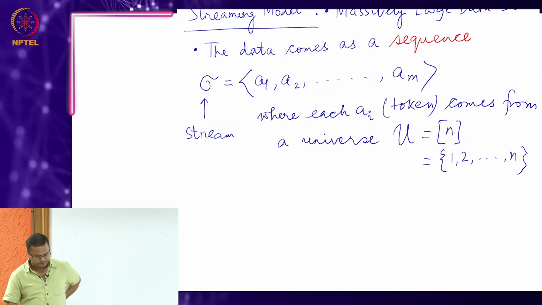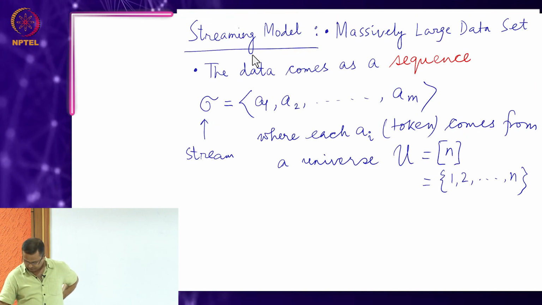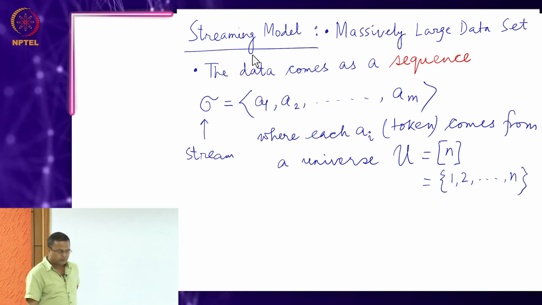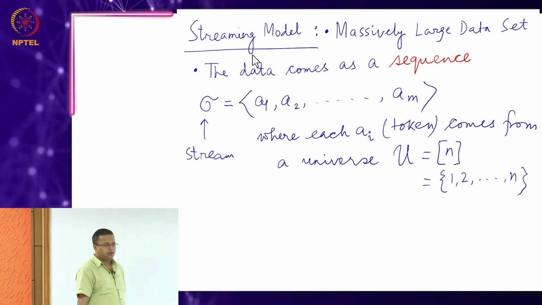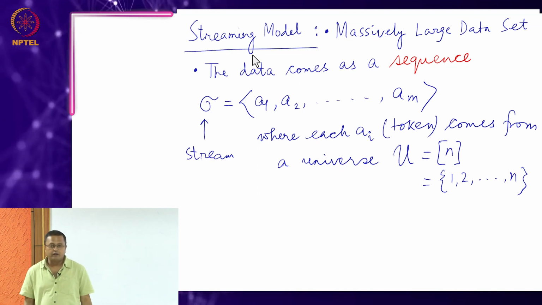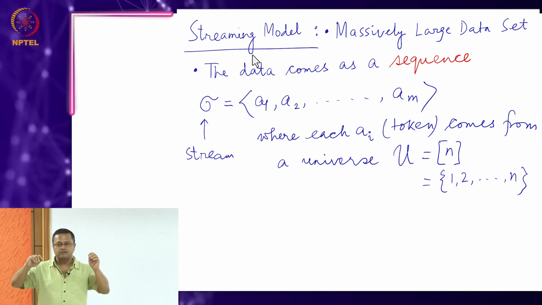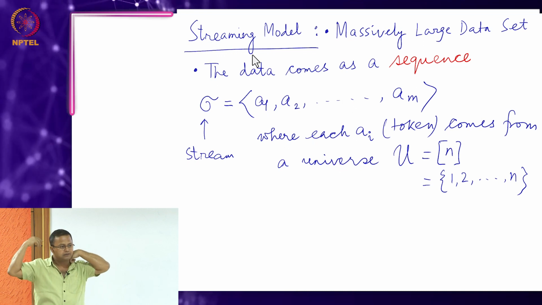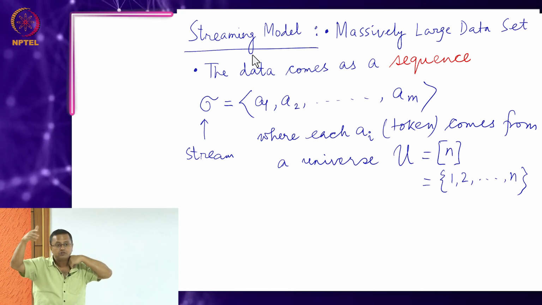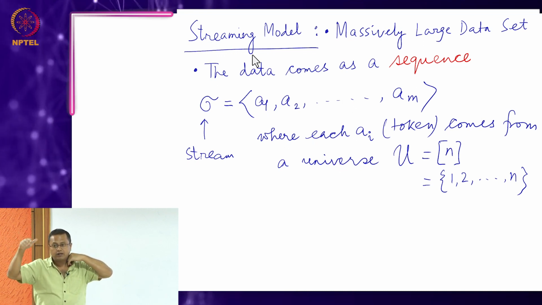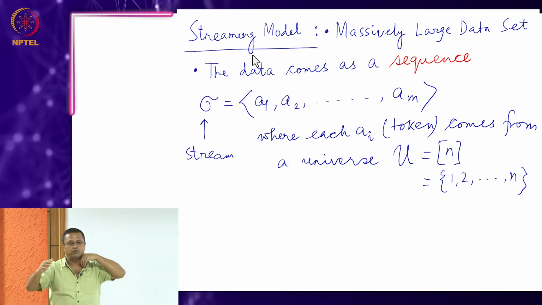Okay, what did I write? Now, when I was looking into this RAM model, I could access data in any way I liked. There was no sequence. But here I am imposing a sequence. What does that mean?